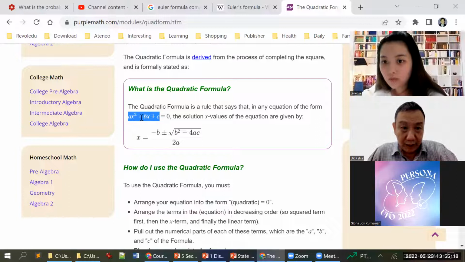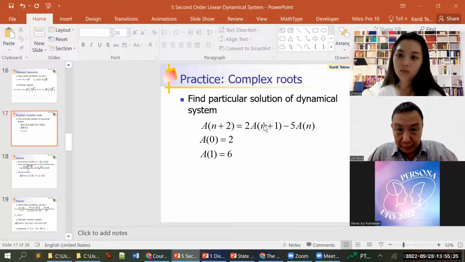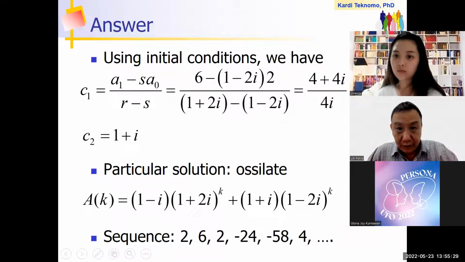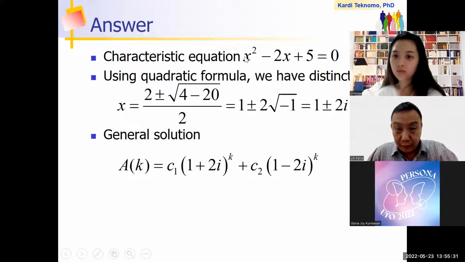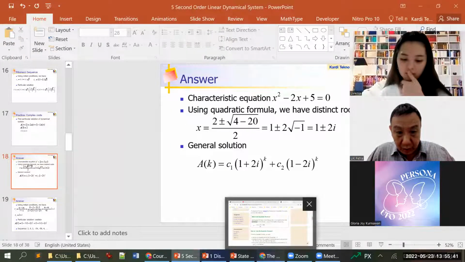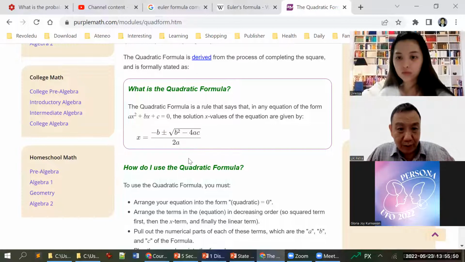So you get the A, B and C. In our problem, the characteristic equation has A equal to 1, B equal to minus 2, and C equal to 5. In that case, you can put them into the quadratic formula and get x1 and x2 using this ABC formula.